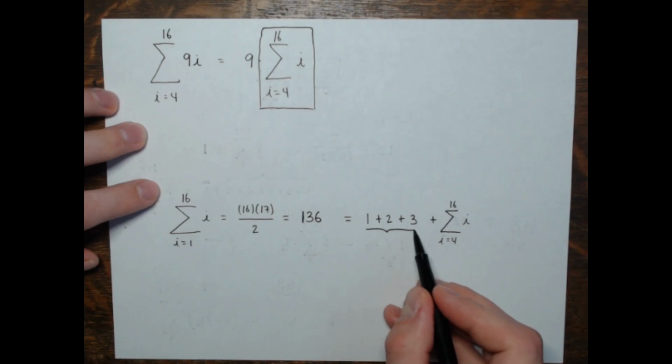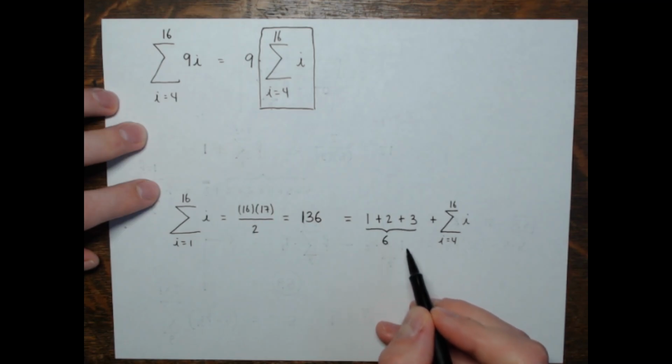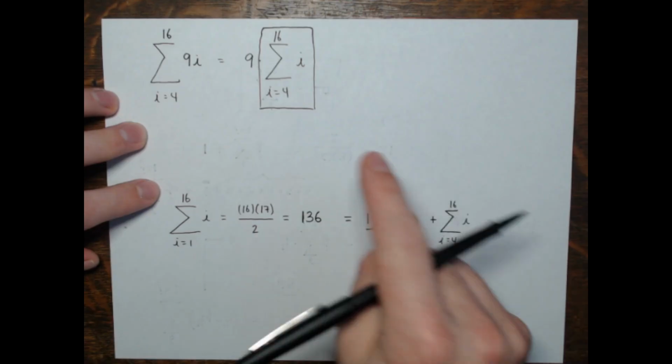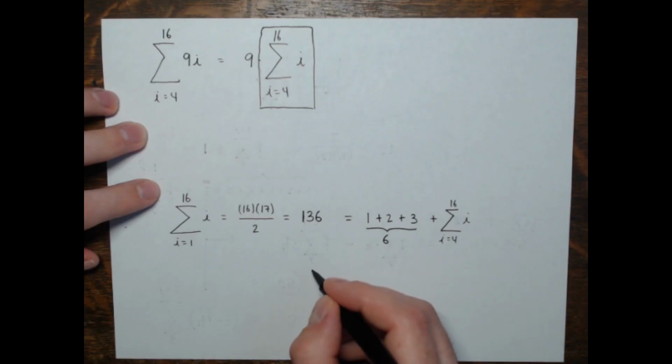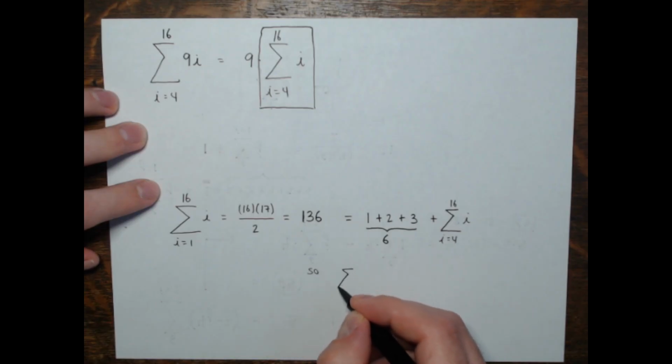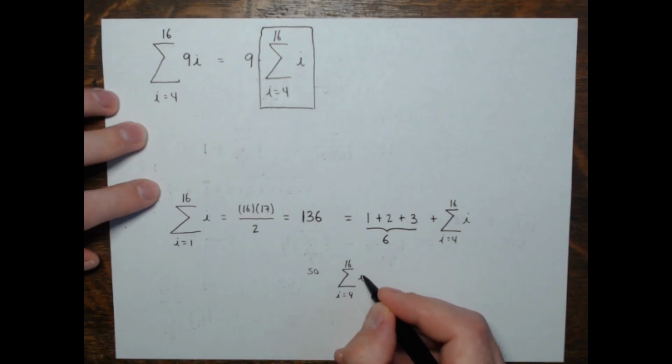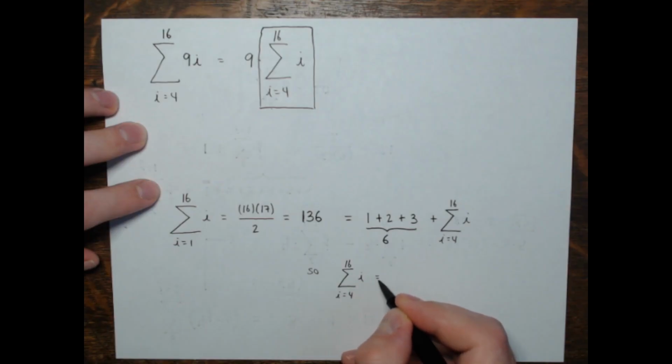And 1 plus 2 plus 3 is 6. So then to get the sum that I want, I just need to subtract 6. So the sum from I equals 4 to 16 of these I to the first power terms is 130.